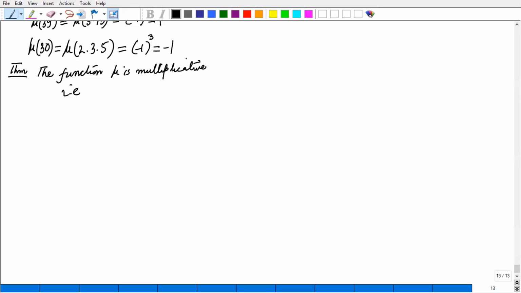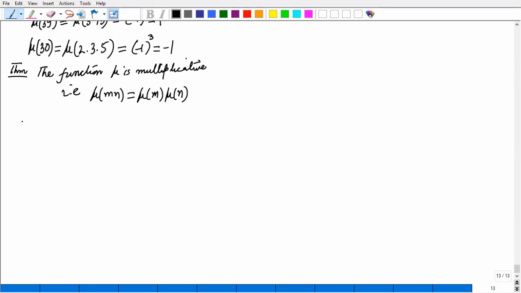That is, mu of mn equals mu of m times mu of n. We are not going into the detail or into the proof of this result.